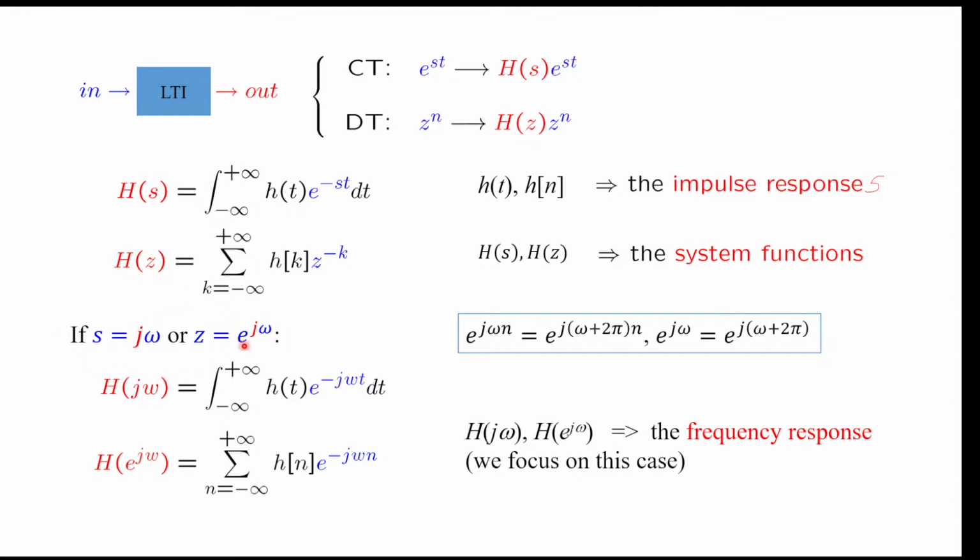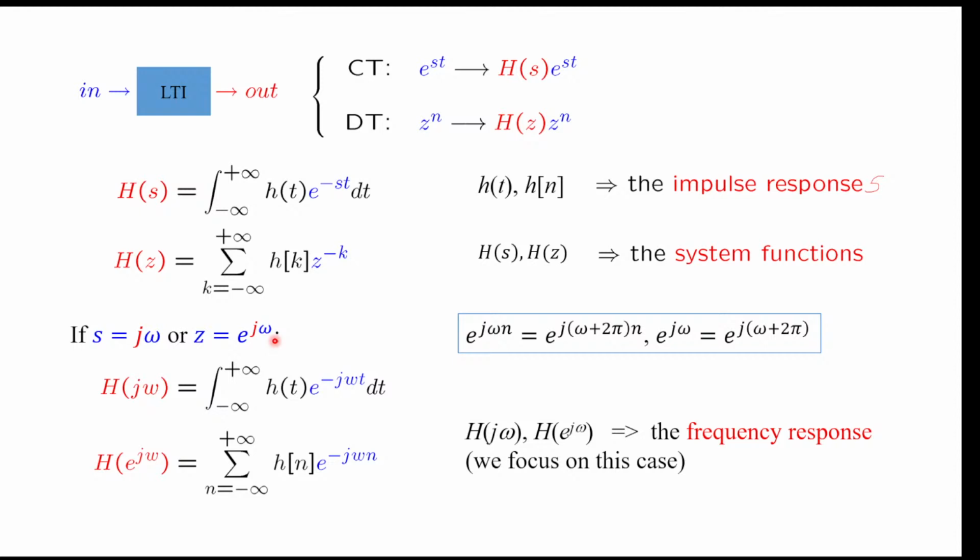So for the analysis we have done, we have decomposed our signal into a linear combination of e to the st, with s being j omega, or in terms of discrete time, z equal to e to the j omega.